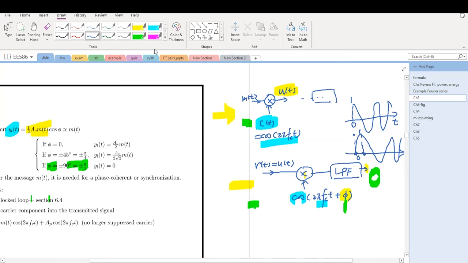This is delta t. So what's the phase difference between these two waveforms? We know the frequency, right? The angle will be 2 pi fc times this time difference, delta t. So this will be the phase difference phi. And this is how we measure the phase difference between two waveforms in lab 4.